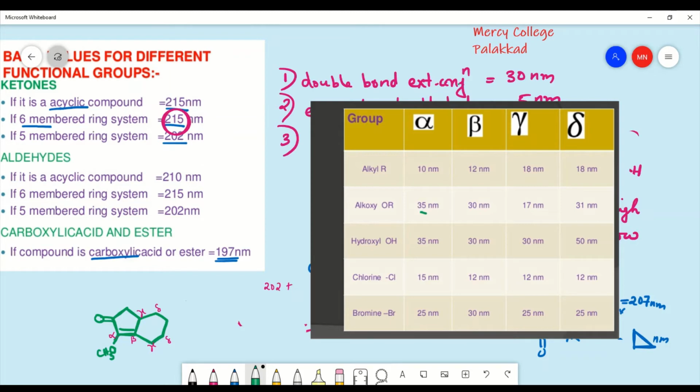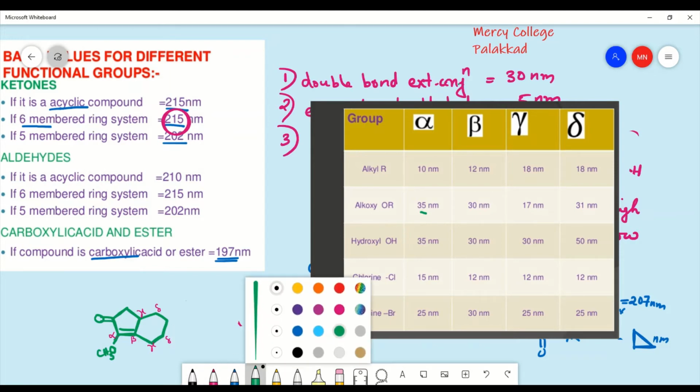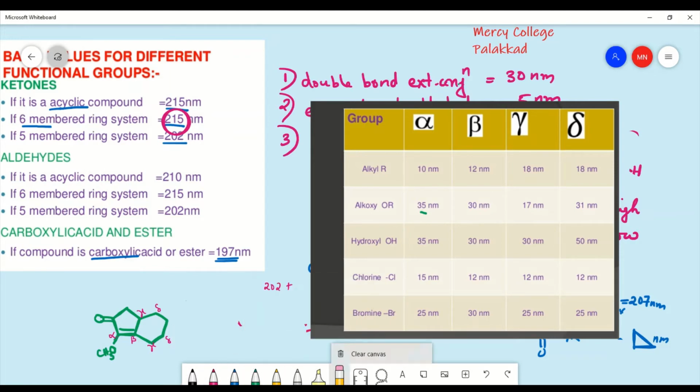Beta substituent means 30, then gamma 17. Now instead of OCH3, if you have an OH group, that means hydroxyl group, then if you have an OH substituent at the alpha position, then 35 nanometer. If it is at beta, then 30. If it is at gamma, 30.